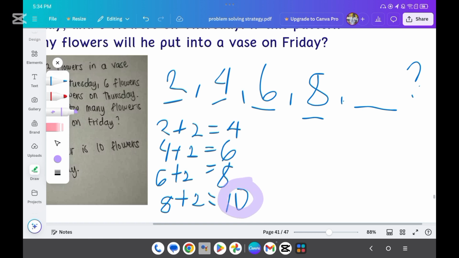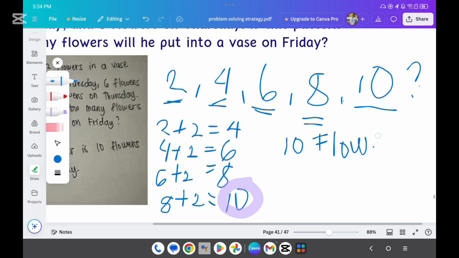So the pattern is 2, 4, 6, 8, and 10. And the answer is 10 flowers on Friday.